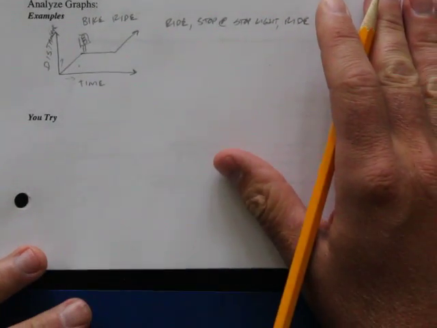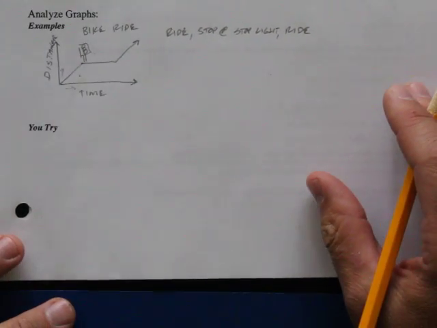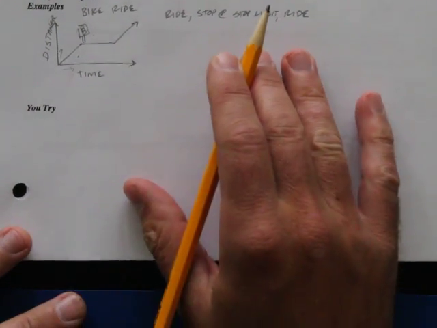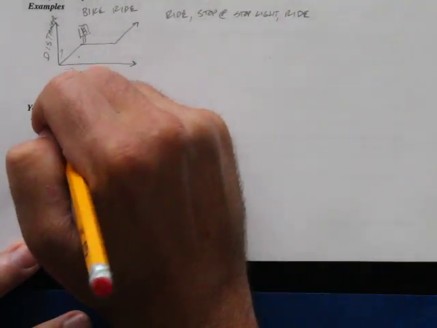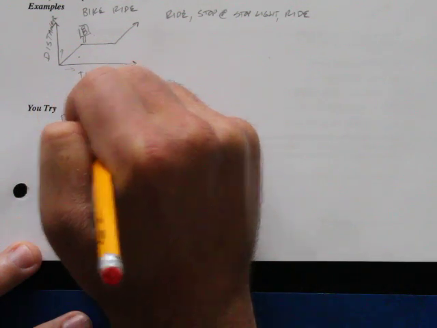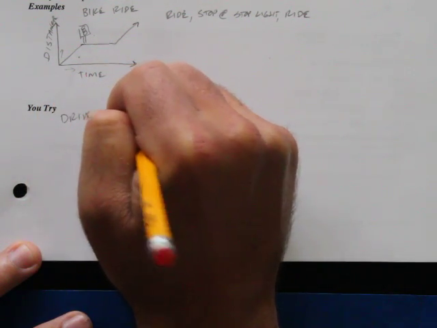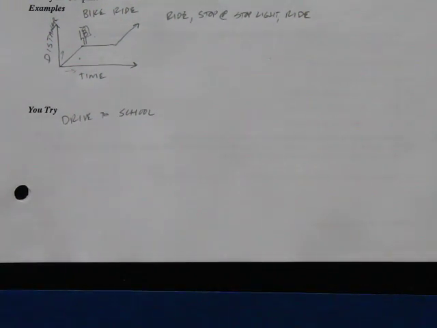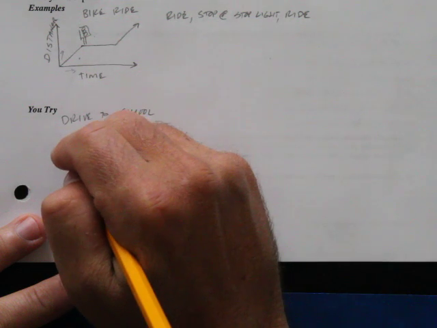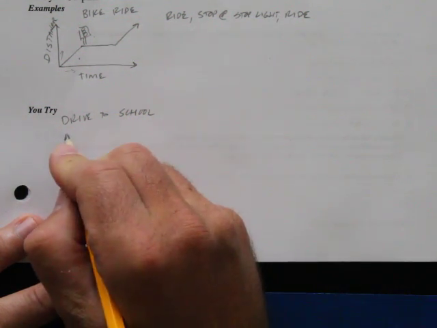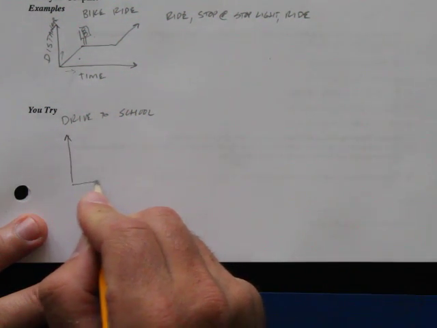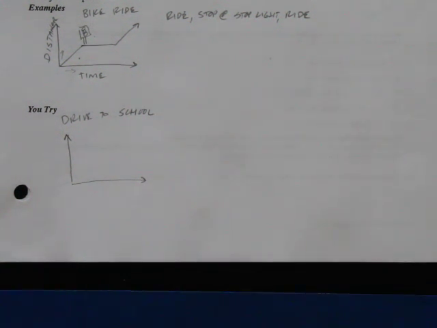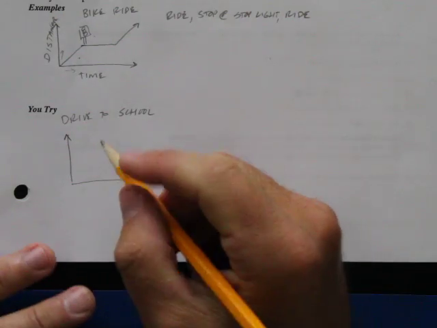All right, let's try a couple. Let's see how you guys do with a couple of these here. So we're going to do a drive to school. Yeah, let's do that.